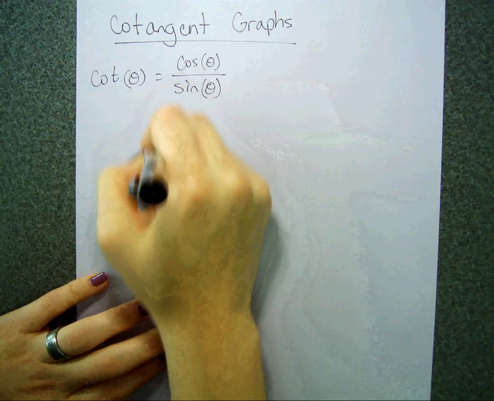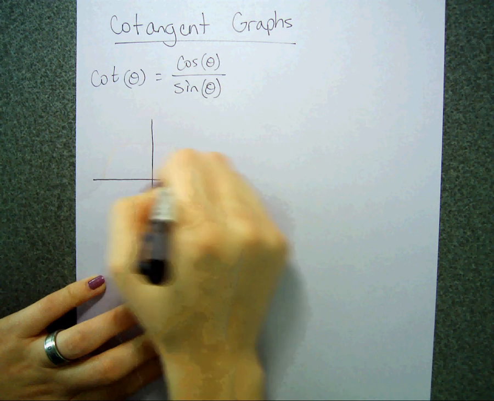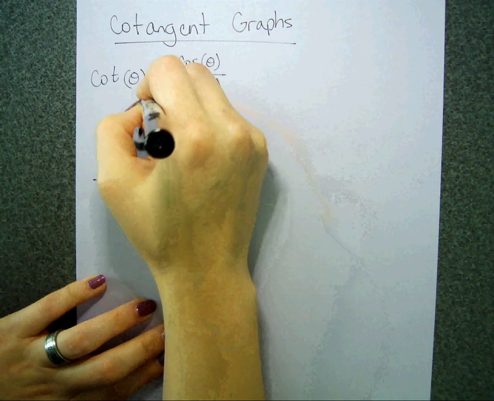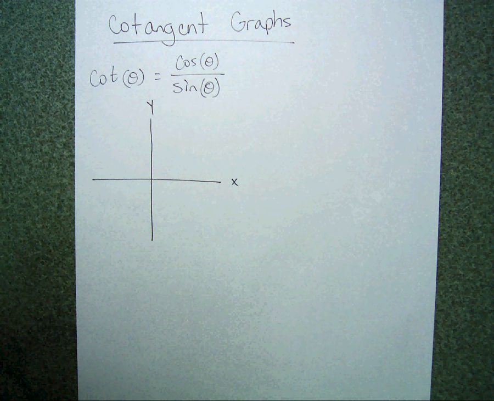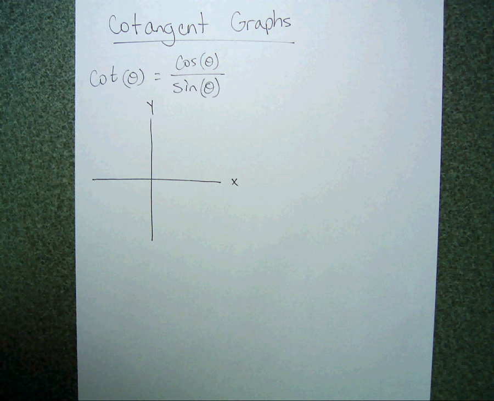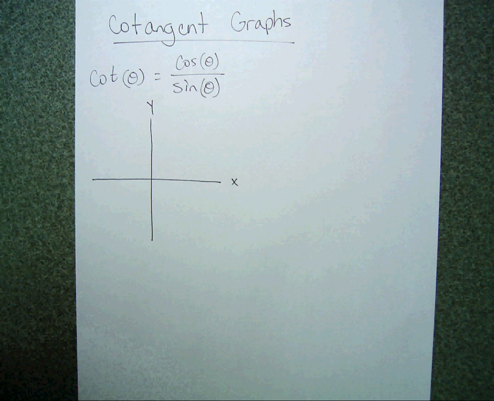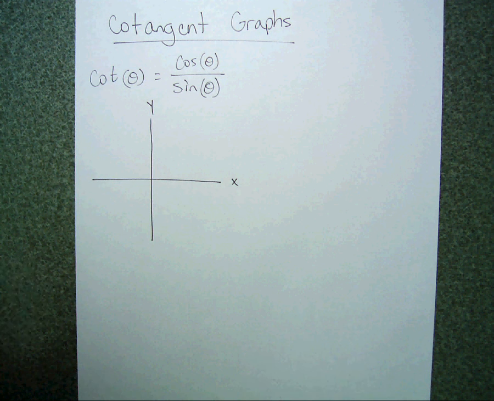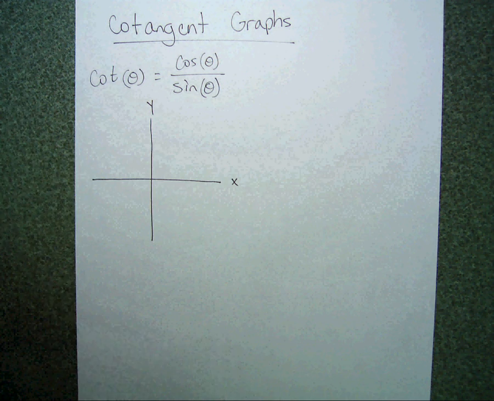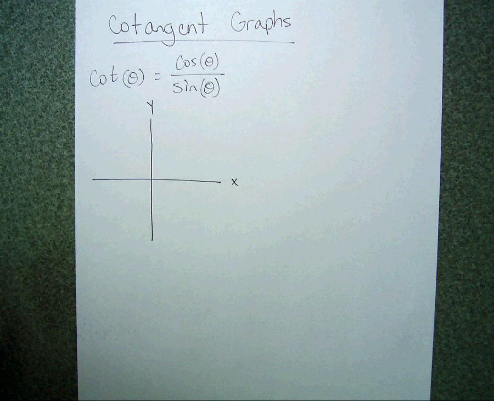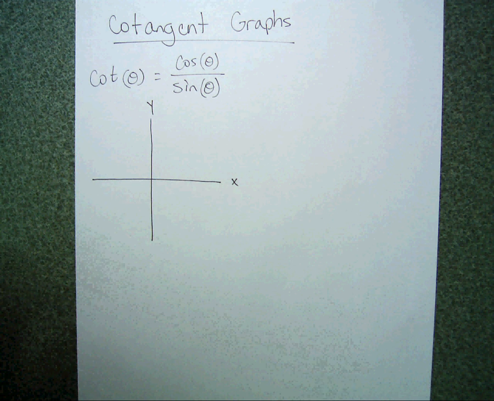So where does sine equal 0 on the unit circle? What values make sine equal 0? Sine is the y value. So looking at our unit circle, what values make sine equal to 0? 2 pi, which is the same thing as 0, right?